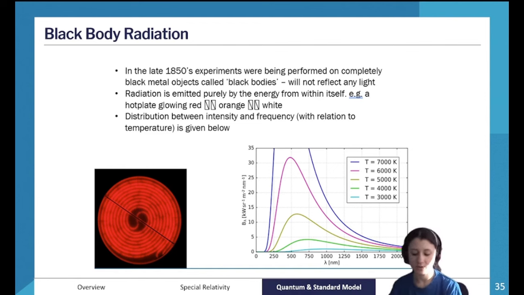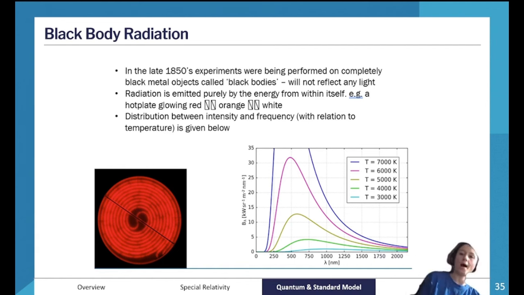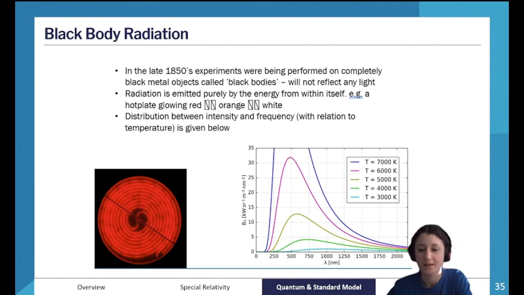So, a really good example of this is a hot plate, if you have one at your home, where it has a wire coiled up underneath where the pan goes, and that wire gets really, really hot, and then it emits red light, and it's emitting the EMR there. So, we have light being shone on this black object that's absorbing most of the light, and then it's emitting light back.